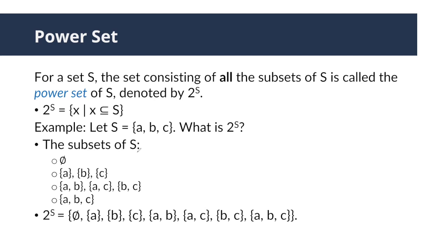What if S consists of 4 elements? Let's say there's another element D in it. How many subsets of S can you find? Or in other words, what is the size of the power set of S? Here's the equation you can use.